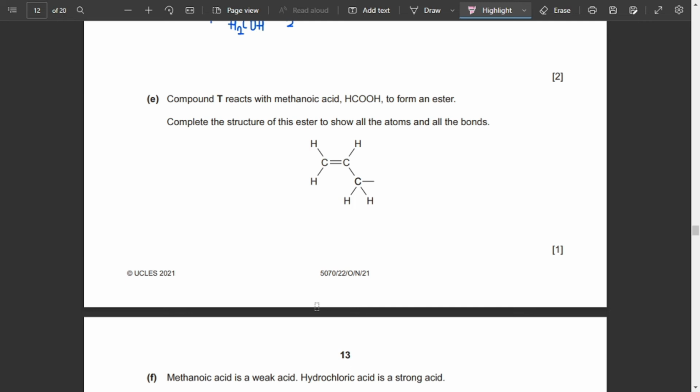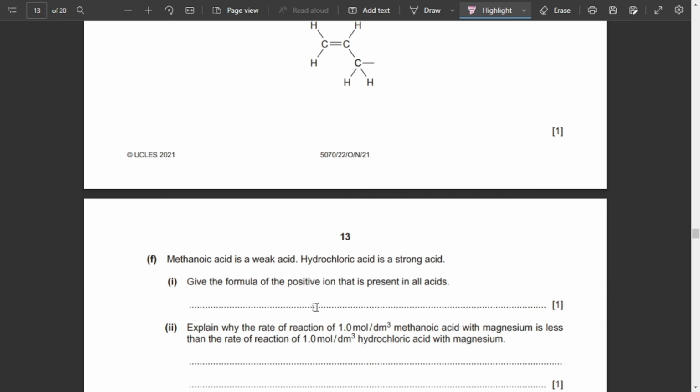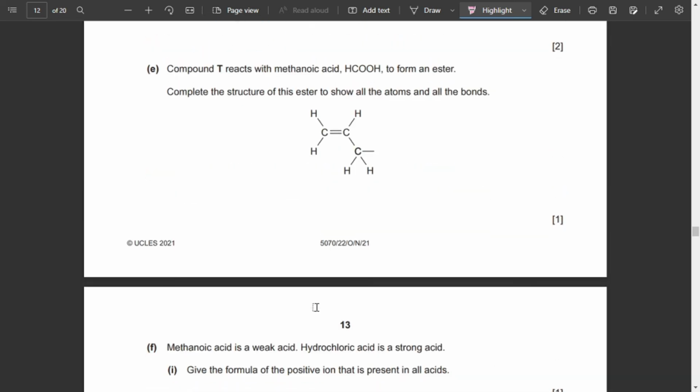Moving on to part E, compound T reacts with methanoic acid HCOOH to form an ester. Complete the structure of this ester to show all the atoms and all the bonds. So let's complete the structure. Compound T is being reacted with methanoic acid. This is a reaction that is taking place, and it will form an ester.